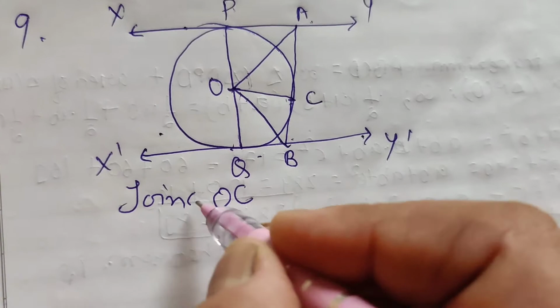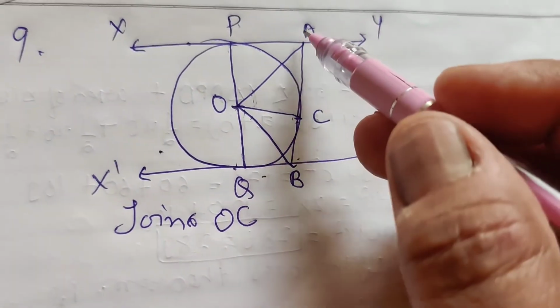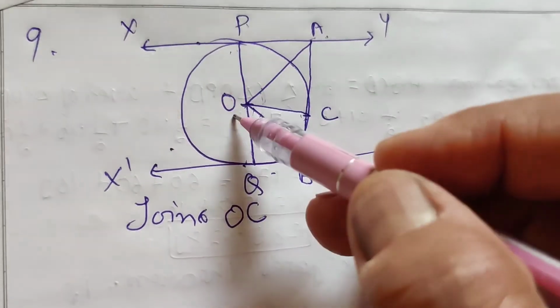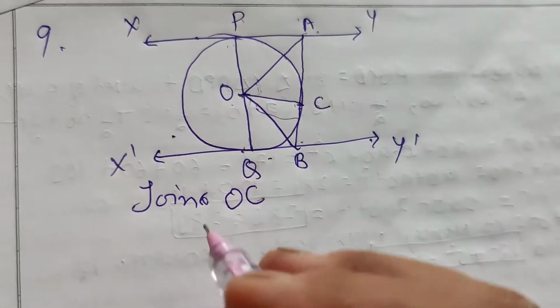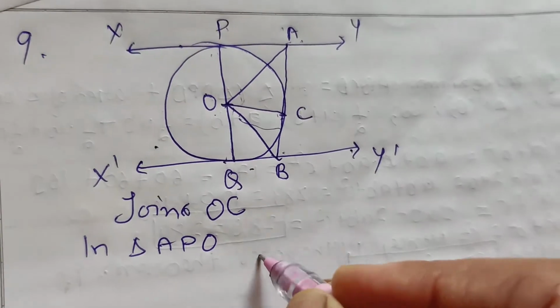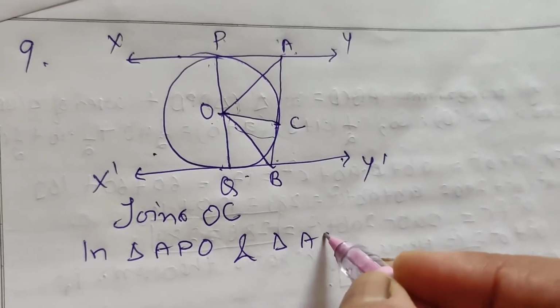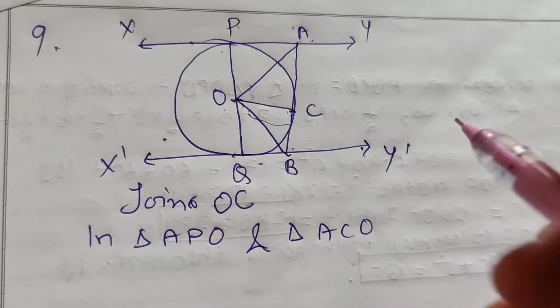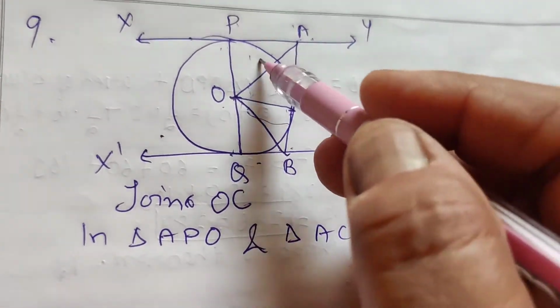There are two triangles, APO and ACO, and we have to prove these two triangles are congruent.